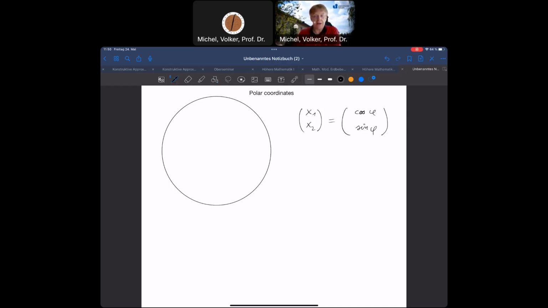This is how you parameterize a unit circle. If it has a different radius, you put a radial coordinate in front. So certainly by that, you can describe every point on the 2-dimensional plane with coordinates r and phi.